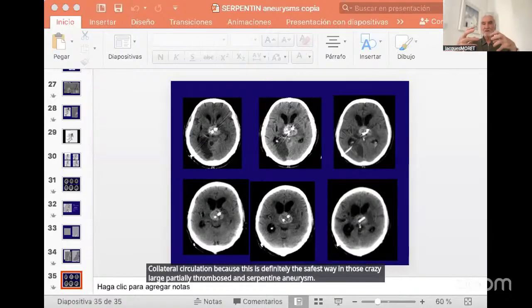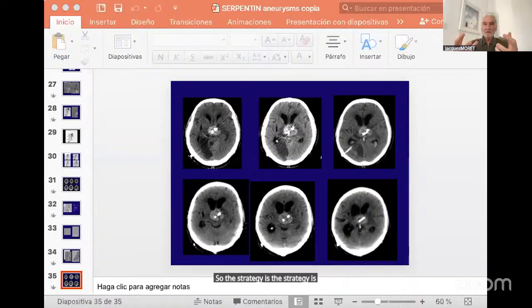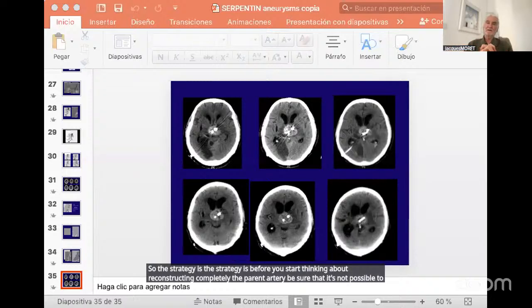So the strategy is, before you start thinking about reconstructing the parent artery completely, be sure that it's not possible to occlude the parent artery, because this is definitely a very safe way and a less risky procedure.